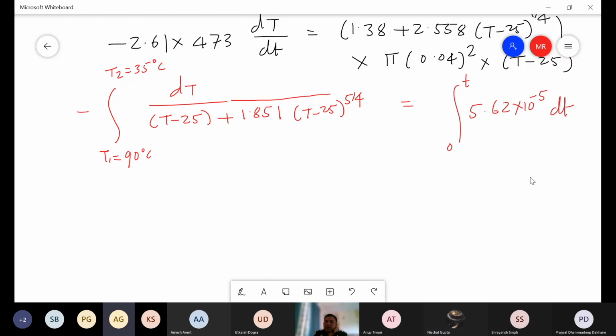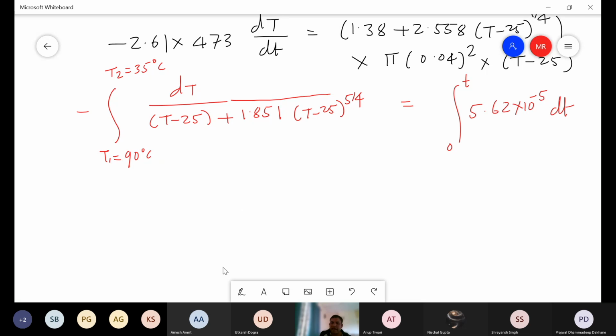Yes, sir. So now you can solve this integral numerically on your calculator and tell me the value. This is clear, isn't it?